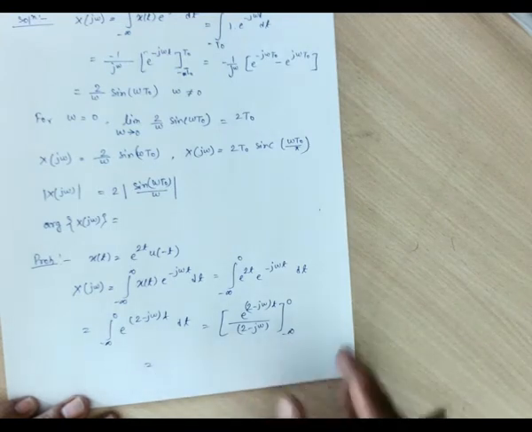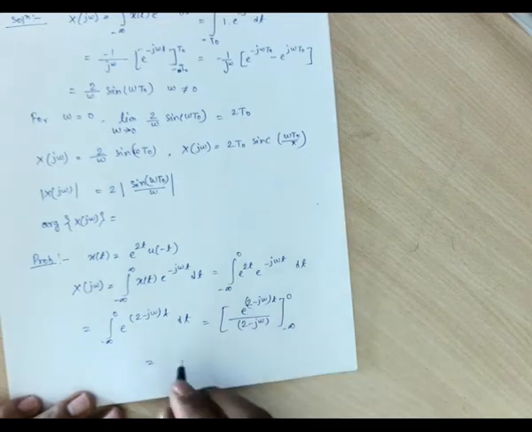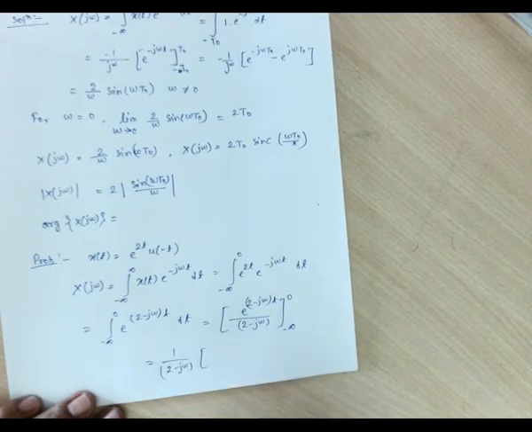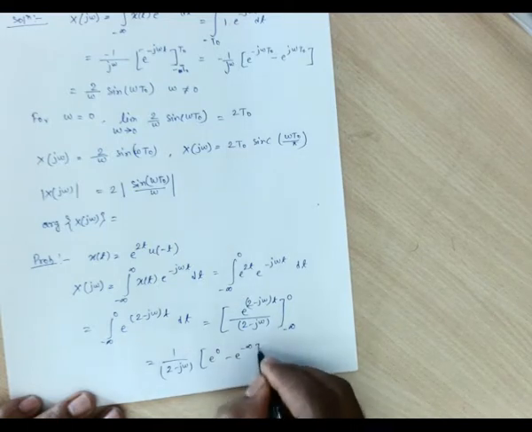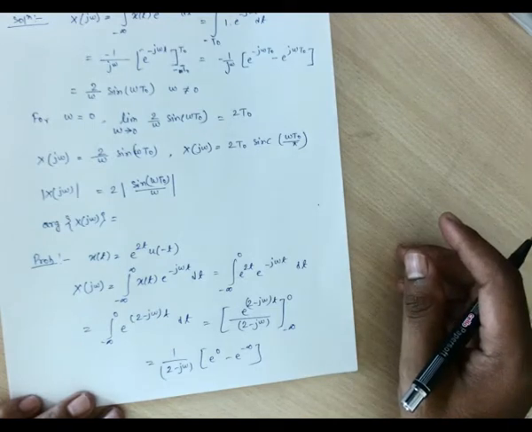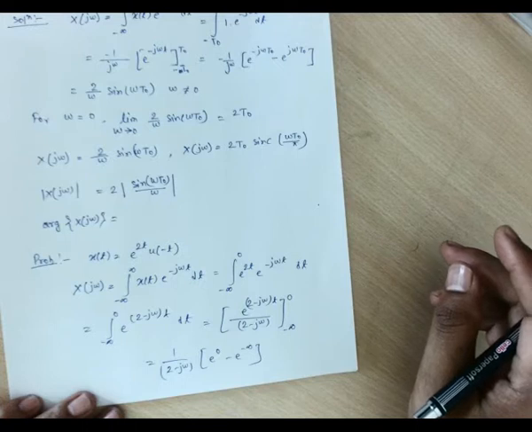A simple problem. If we put 0, then 1 by (2 minus j omega) will come, then e to the power 0 and e to the power minus infinity. So what is this e to the power minus infinity? e to the power minus infinity is how much? 0.